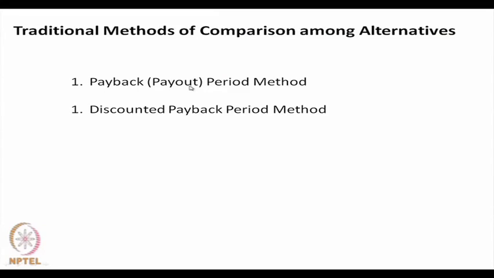These are the traditional methods; particularly the payback period is the most traditional and is very much used as a thumb rule to decide whether a project is worthwhile for investment. So, the payback or payout period method and the discounted payback or payout period method.